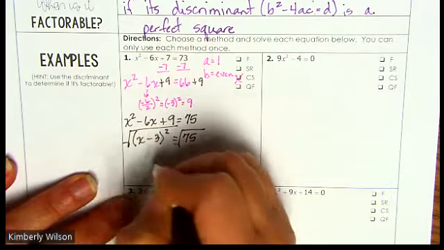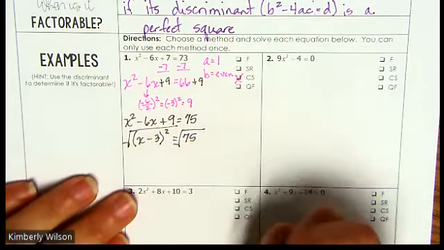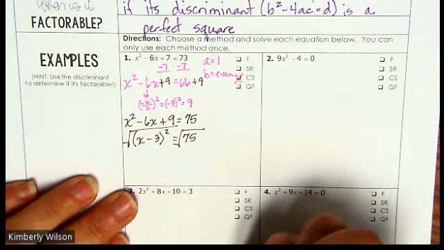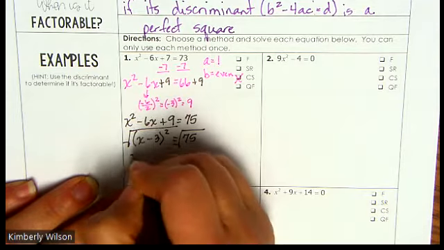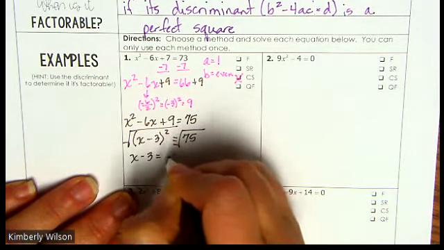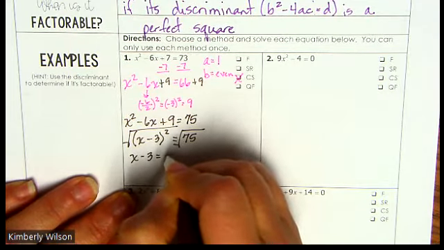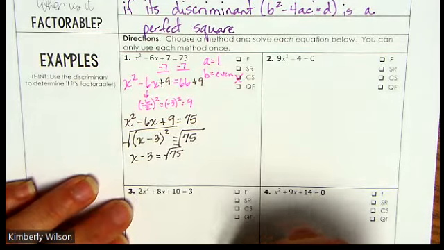So that's going to give me x minus 3 equals the square root of 75.